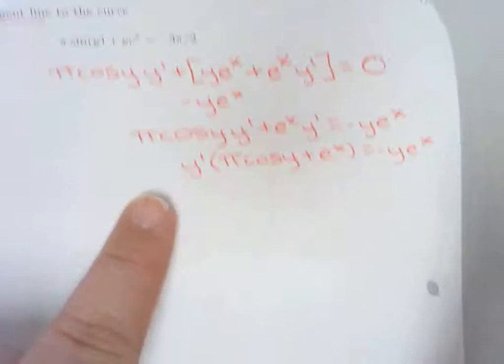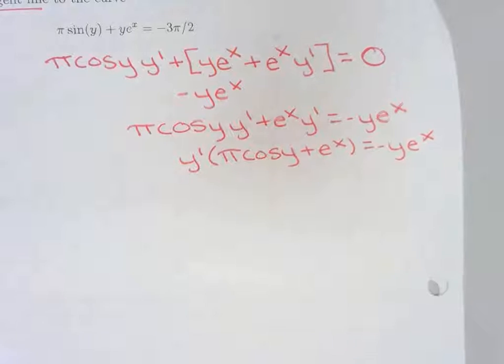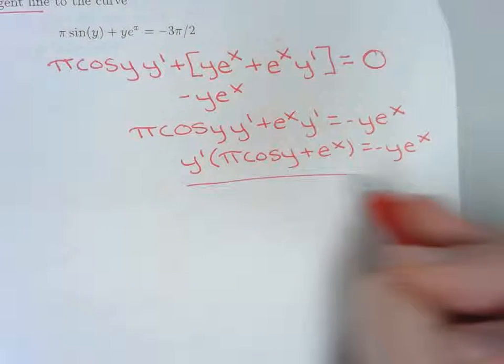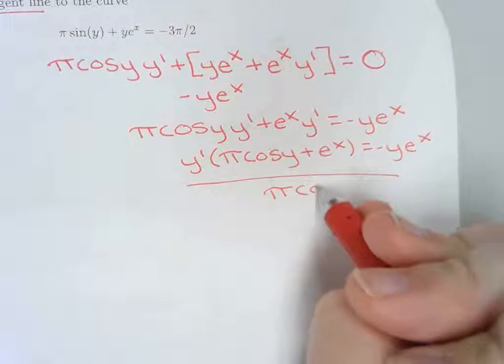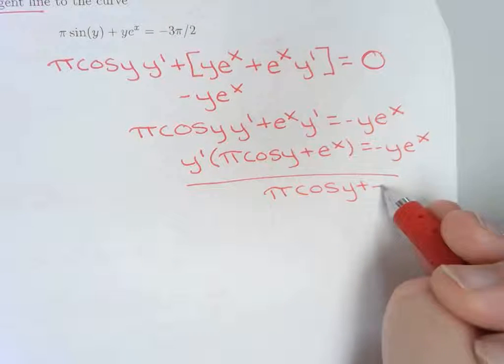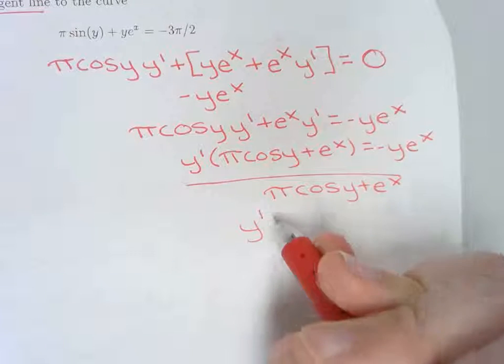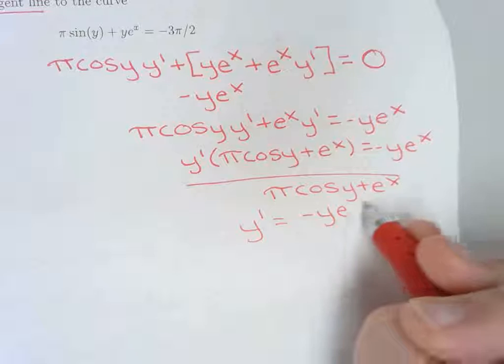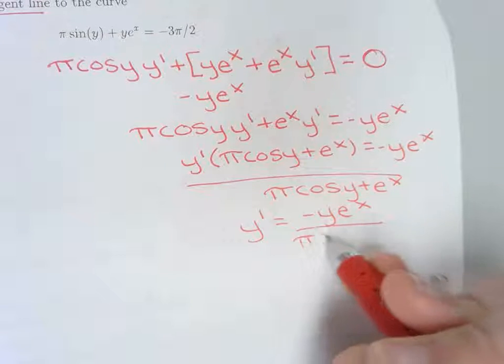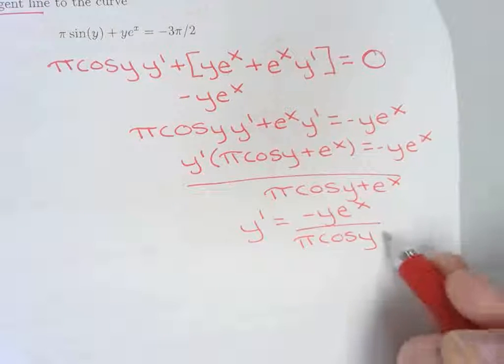And then, to find y prime, we've done this before, divide. So y prime equals negative y e to the x over pi cosine y plus e to the x.